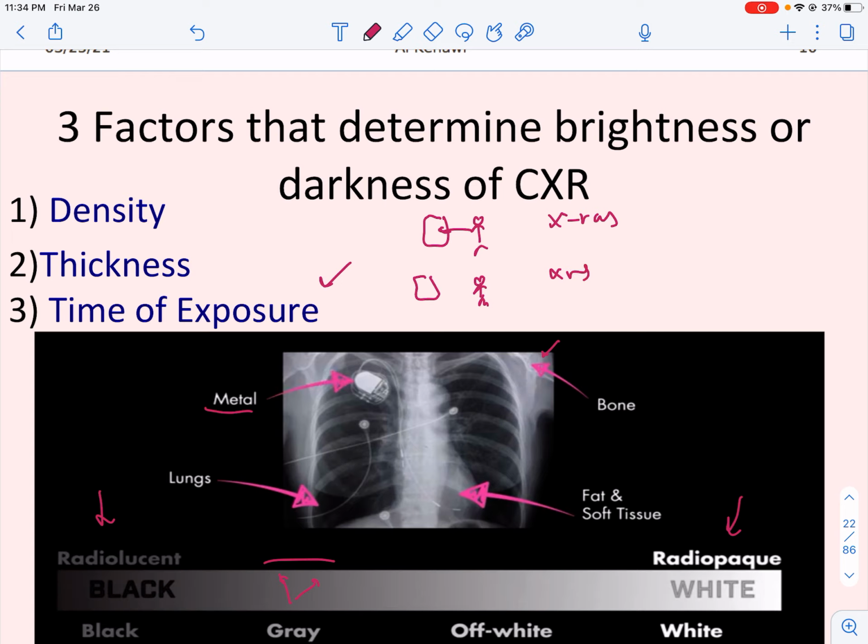If we expose the patient to the X-ray for 2 seconds or less, the X-ray beam will penetrate the structure and draw it here, so it wouldn't have enough time to actually penetrate a lot of structure. It's just going to give us a shadow for the picture, so the picture is going to be brighter.